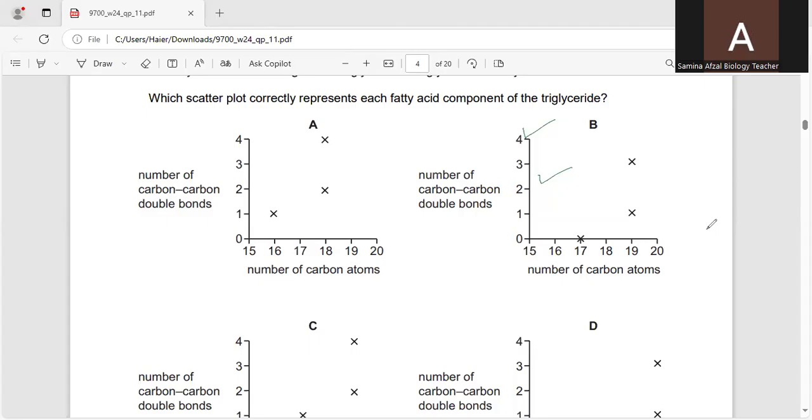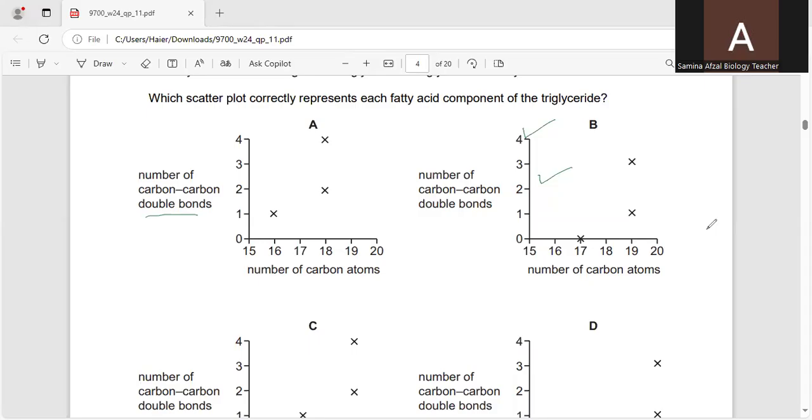On one side they have given the number of carbon double bonds, on the other side the number of carbon atoms. So we have to find out.